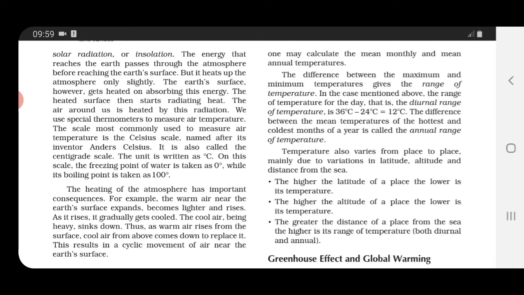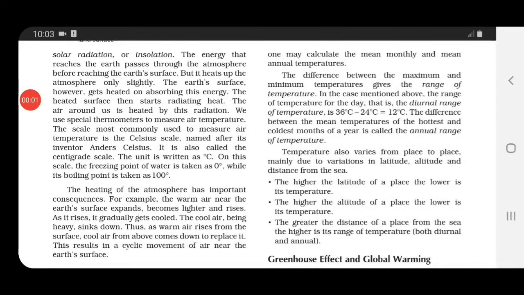Remember we studied about the different layers of atmosphere recently. Okay, so it passes through that atmosphere first and then it reaches the Earth's surface.